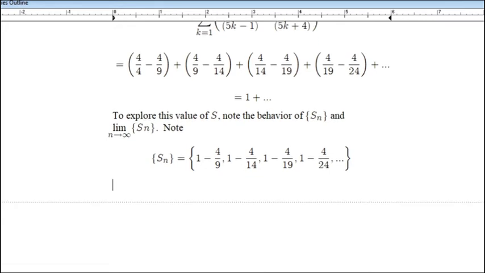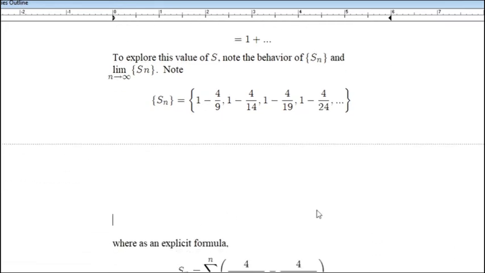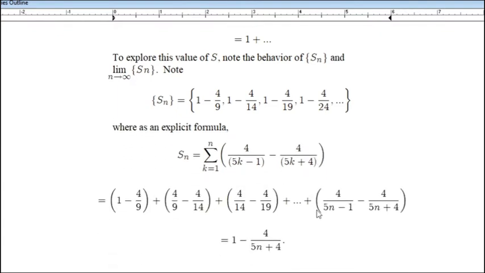Now, what does that mean about the value of S sub n? If we take note of what would be the explicit formula for S sub n, right? The explicit formula for S sub n could be argued to be this value. If we are summing this sequence of partial sums from k equals 1 to n, this summation will start at the case for k equal to 1 and continue up through the case for k equal to n.